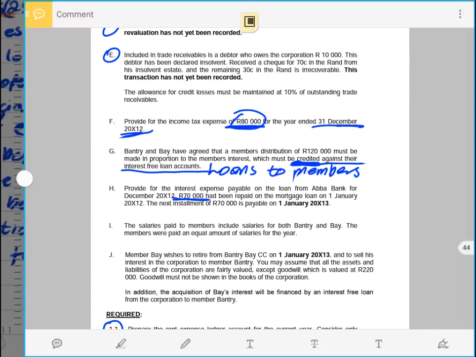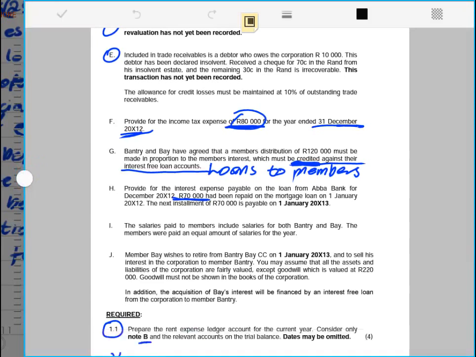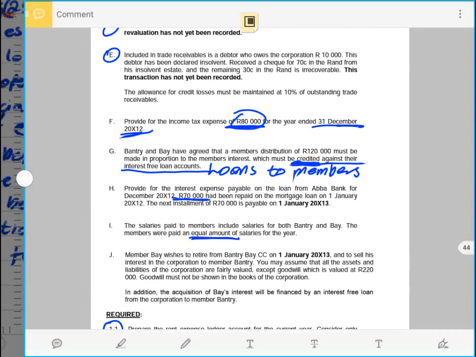So now when it comes to salaries, we have already recorded salaries to members of 300,000 rands. The reason why they are telling us that the members were paid an equal amount of salaries is important, because when we do transactions with the members, we record incomes and expenses that are between individual members and the close corporation.